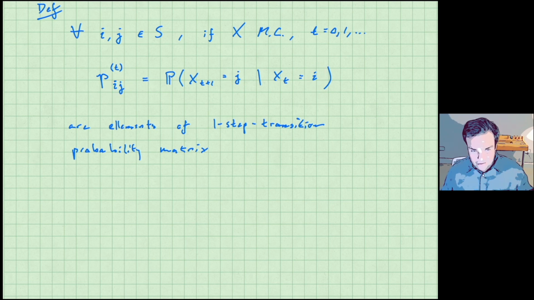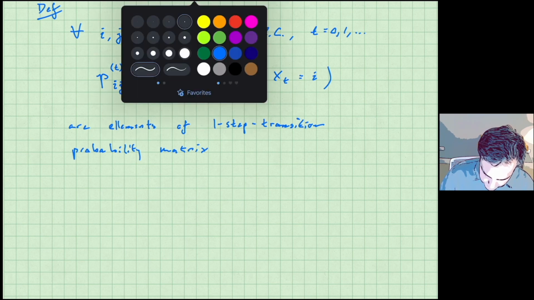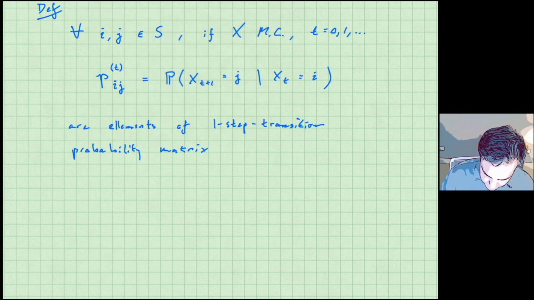And that makes you think, okay, there's rows and columns. So, in fact, I better even label these. I'm going to do it in brown, I guess. This is the state that you go from, so this is from, and that's the row. And this is the state you go to, and that's the column.